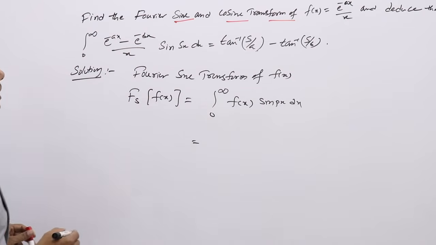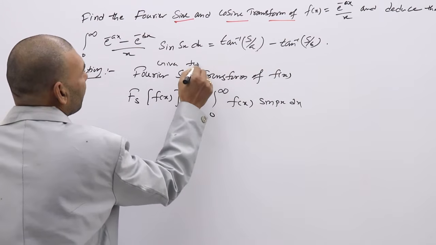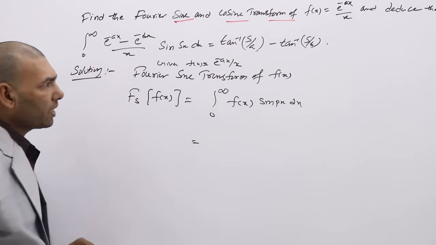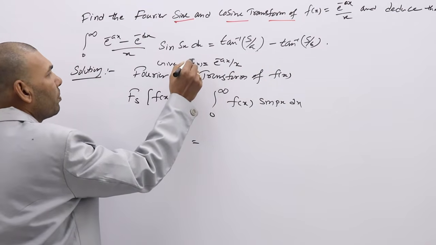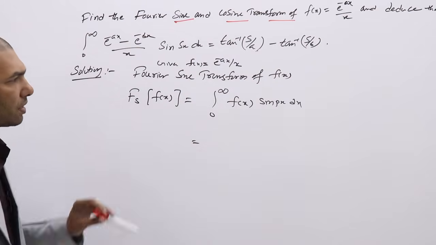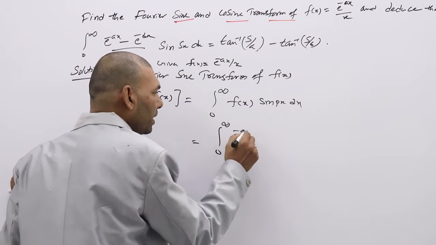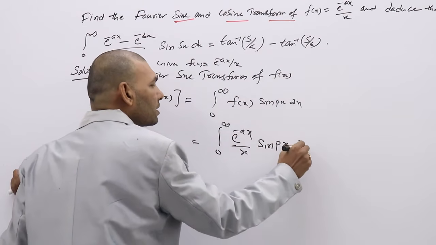Here the given f of x is e power minus ax by x. So write in the place of f of x, e power minus ax by x sin px dx.